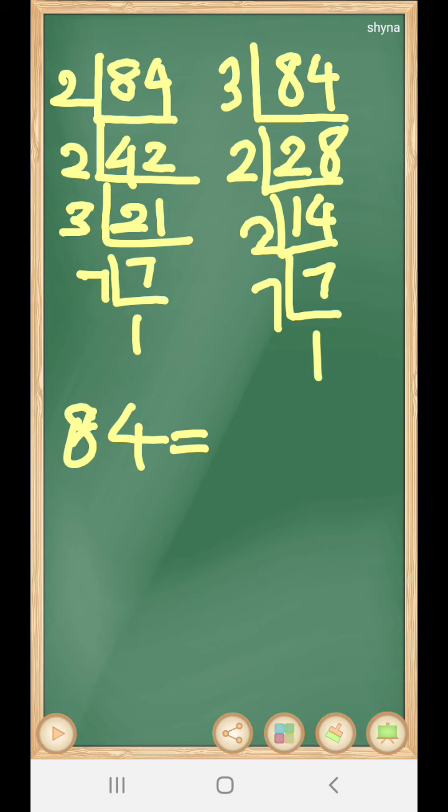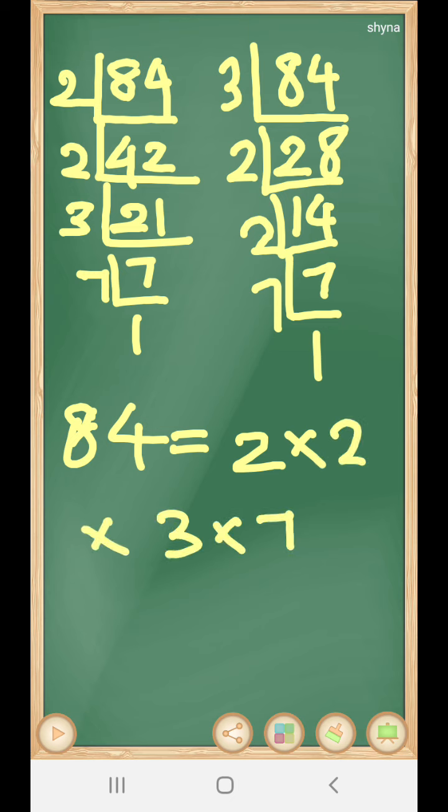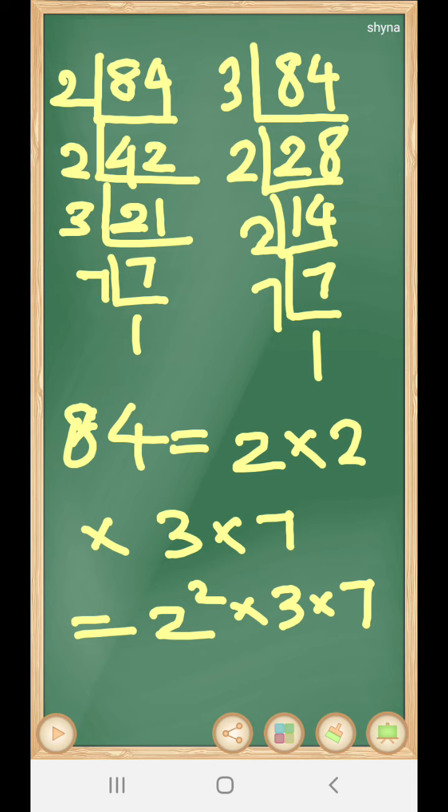So we can write 84 equals 2 into 2 into 3 into 7, that is the same as 2 square into 3 into 7. In the first case, 2 into 2 into 3 into 7. In the second case also, if we just change the order, we can write 2 into 2 into 3 into 7.